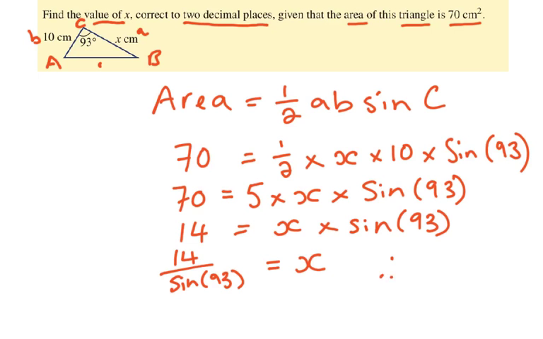Therefore, the side for x to 2 decimal places, as asked in the question, would be 14.02 centimetres. Please do not forget units, especially if we've given it to you in the question. So that is the side length for x.